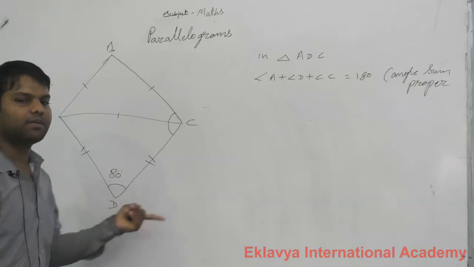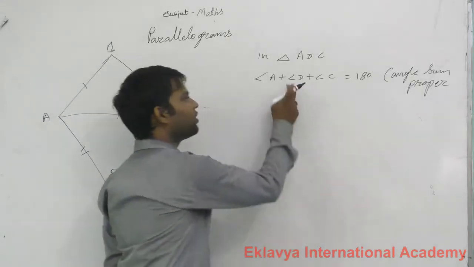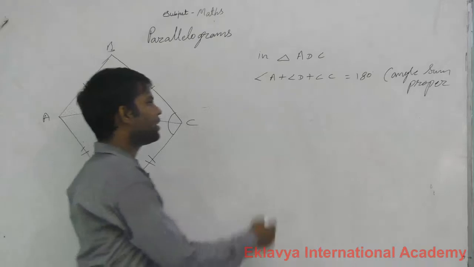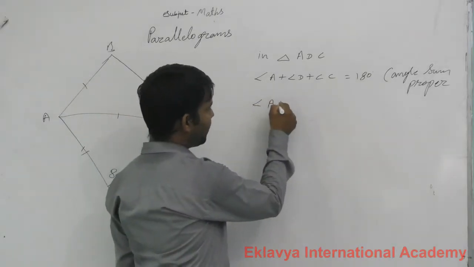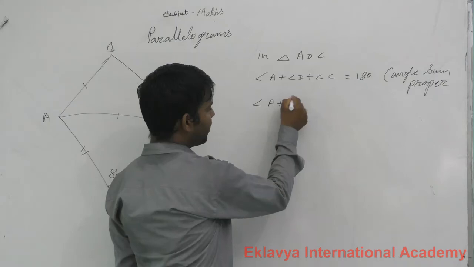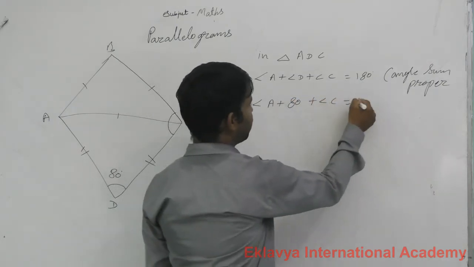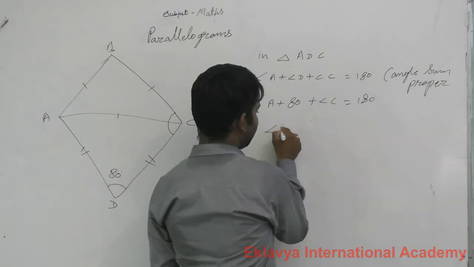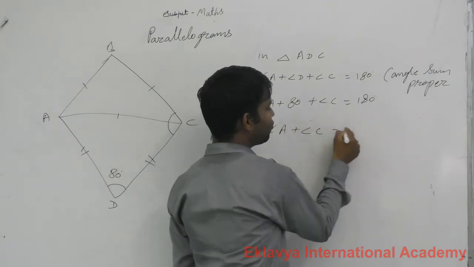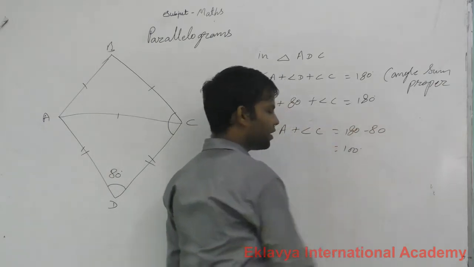In a triangle the sum of all angles is 180 degrees. Here it is given that angle D is 80 degrees, so angle A plus 80 degrees plus angle C is equal to 180. Then angle A plus angle C is equal to 180 minus 80, which is 100 degrees.